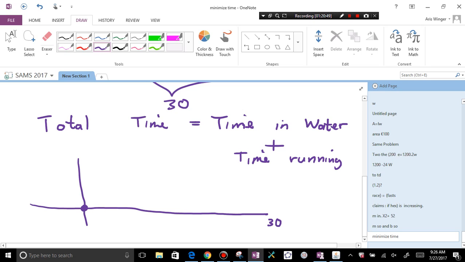I would like the place on the shore that's 30 miles away from our destination to be the origin. And that makes sense, hopefully. That I'm going to call this the point 0, 16, right? That's where you start. And we're looking for this coordinate x on the x-axis, right?